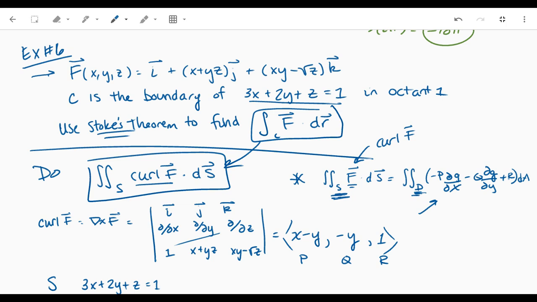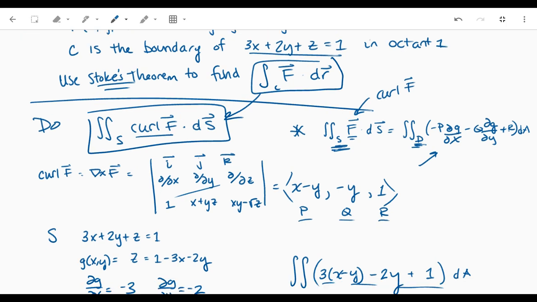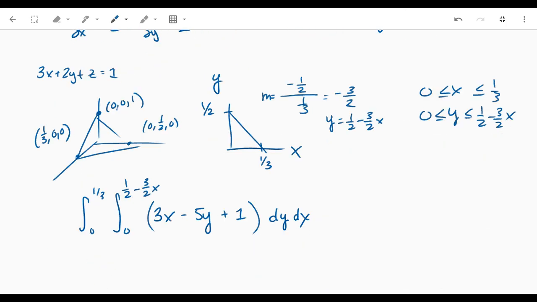So we find the curl of F first. That gets you your P, Q, and R. And then our surface in terms of x and y only gets you your g, so you can find dg dx and dg dy. And when we use this equation, rather than doing a surface, we do a region. Then it's all set up. I'm going to skip the tedious part of doing the actual integral, but you can check for yourself that you should get 1/24.